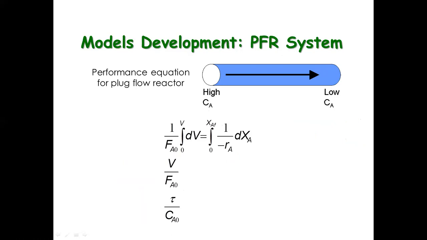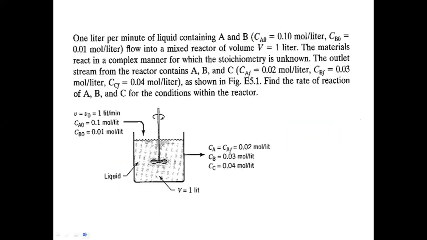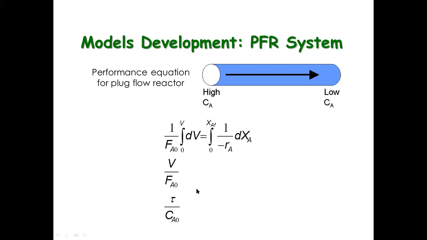Okay, we'll proceed with the next slide. This is for your PFR. And that's it. So for your performance equation for the PFR, because that one is already a sample problem, this will be your performance equation, this entire thing. So we cannot simplify it here for now because we have integrals to deal with, okay, in the case of the PFR.